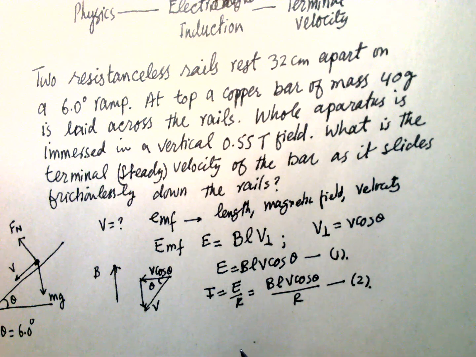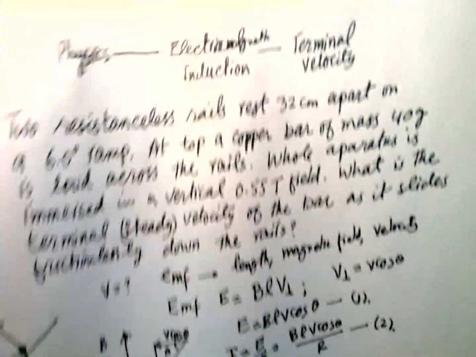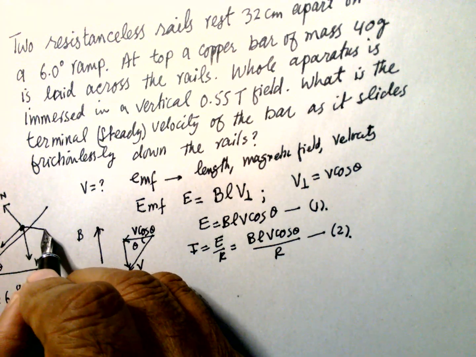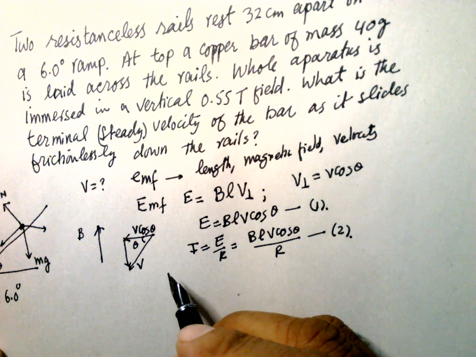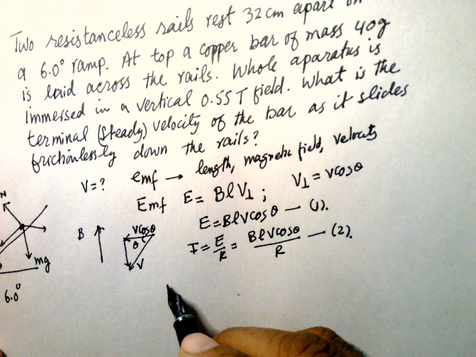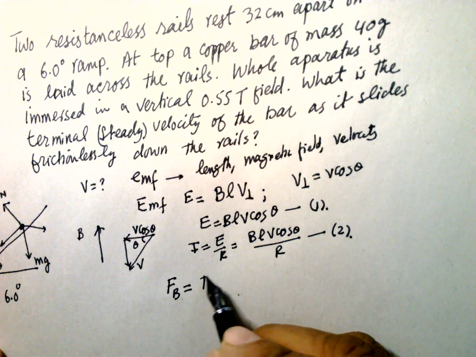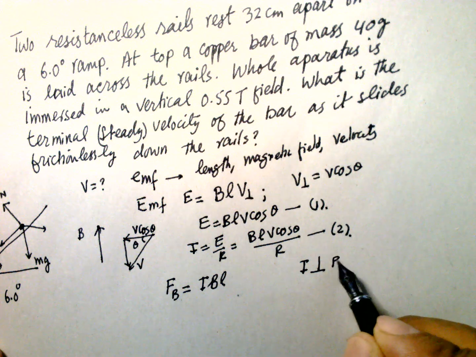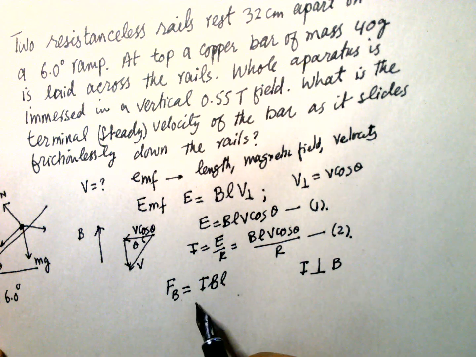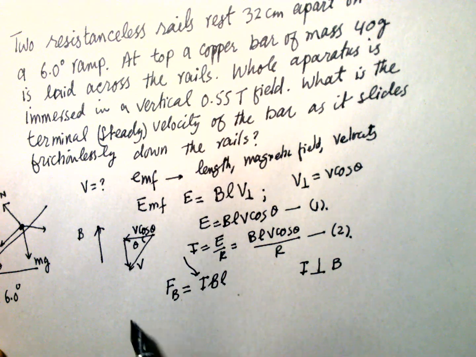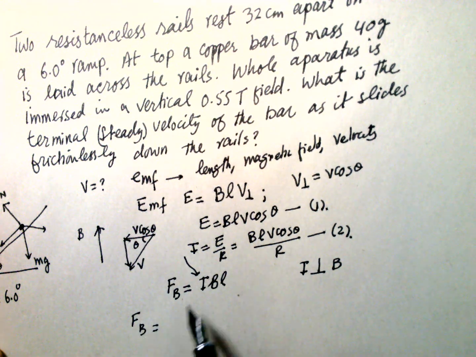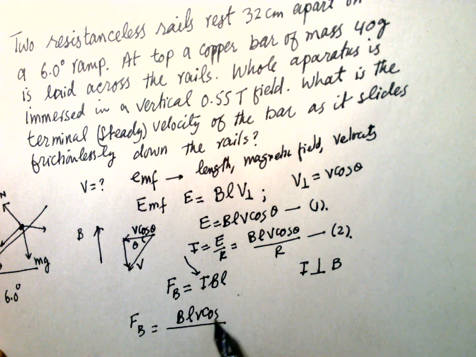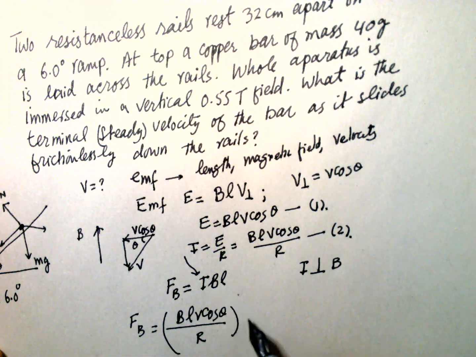So that is the current. If we have the current, then we can find the magnetic force. The magnetic force is in this way, mutually perpendicular to B. So FB is equal to IBL, as the current is perpendicular to B. From here, I is BLV cos theta divided by R, times BL.